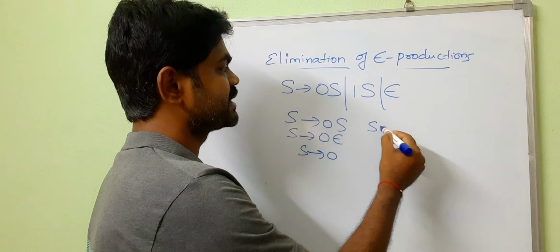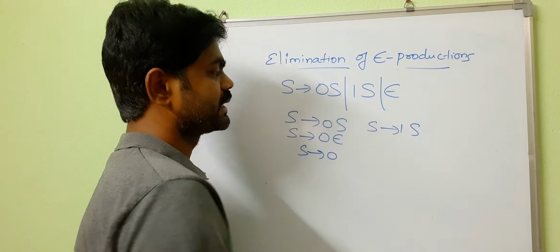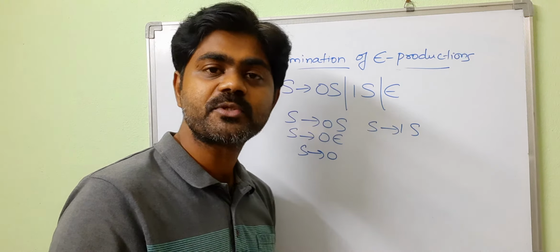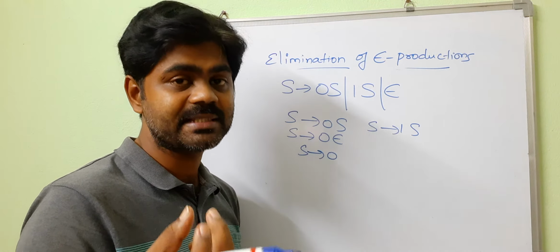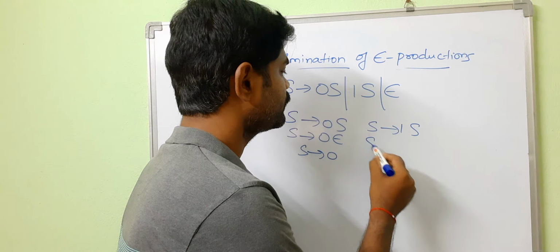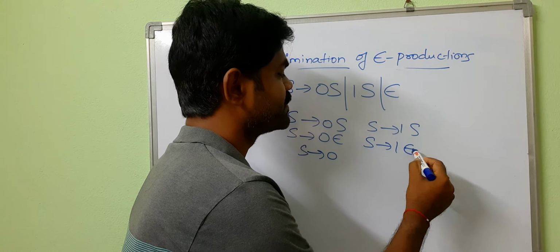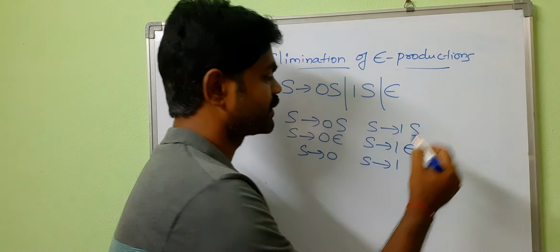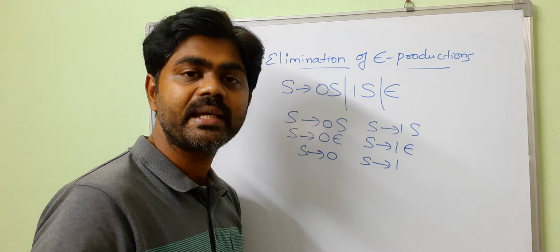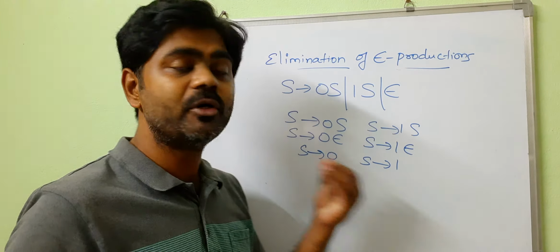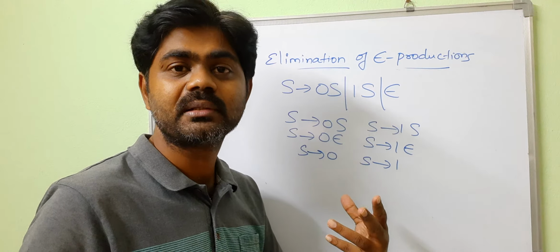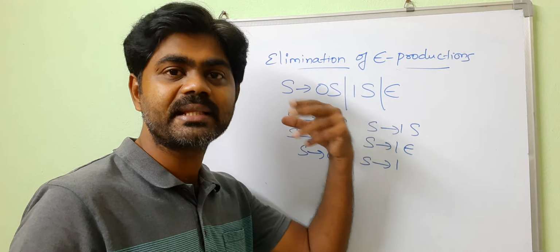Now take S tends to 1S. Do we have any production to substitute in the place of S? I can substitute epsilon. So 1 epsilon, I will get S tends to 1. So I removed epsilon. I eliminated epsilon by substituting that epsilon in the grammar itself.